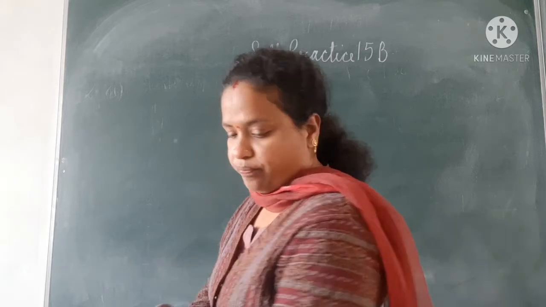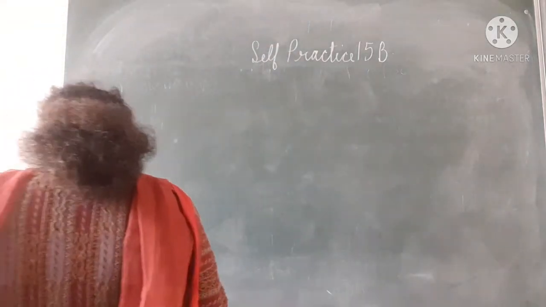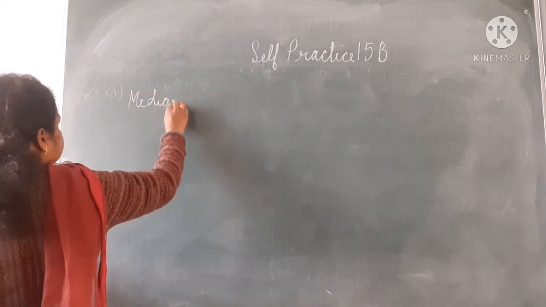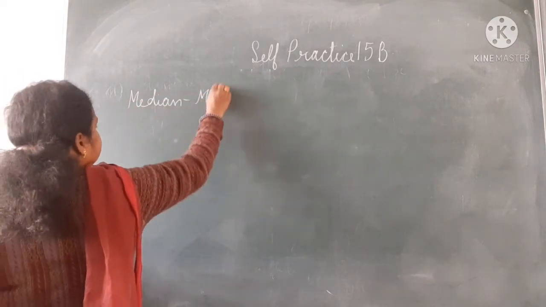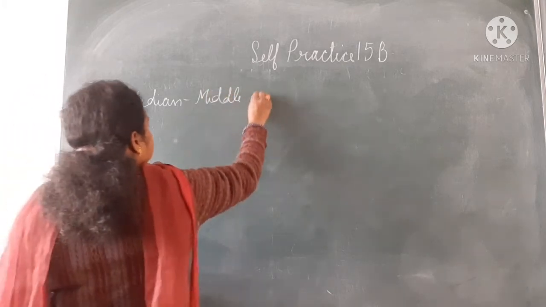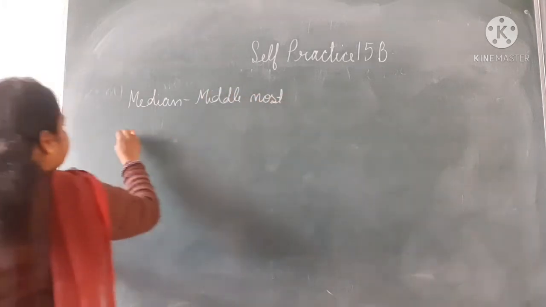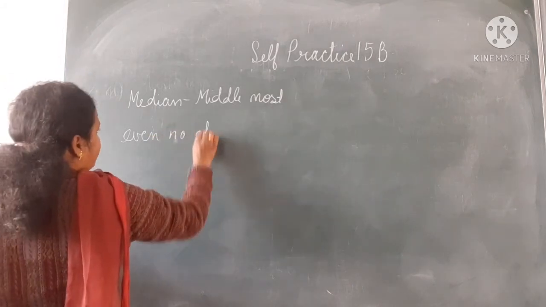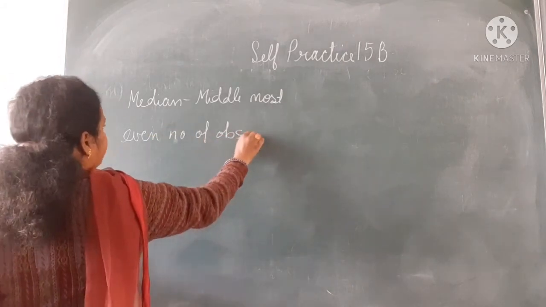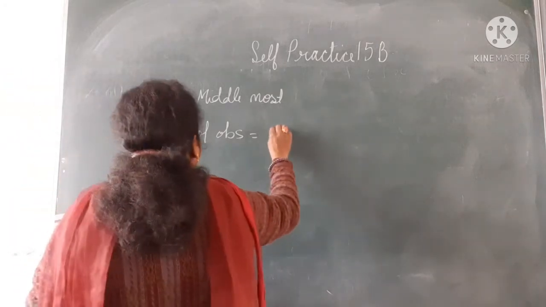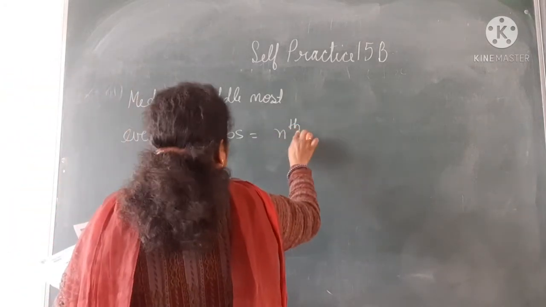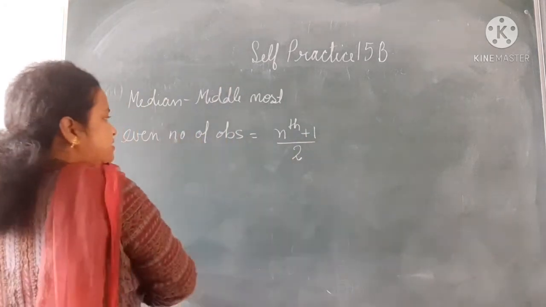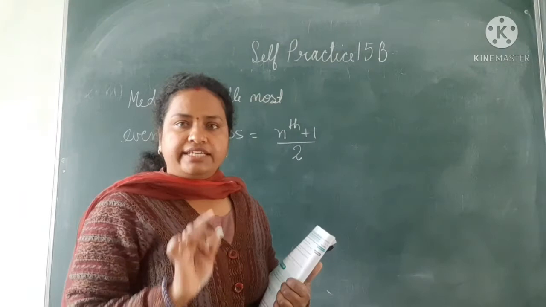Now see how. I told you the median is the middlemost term. When the number of observations is even, you use the (n+1)/2 th observation.